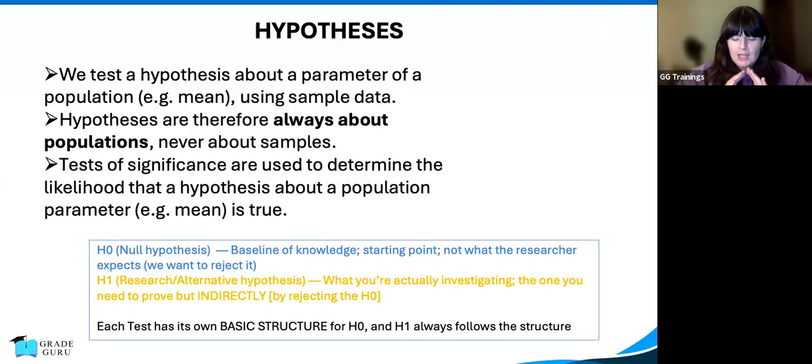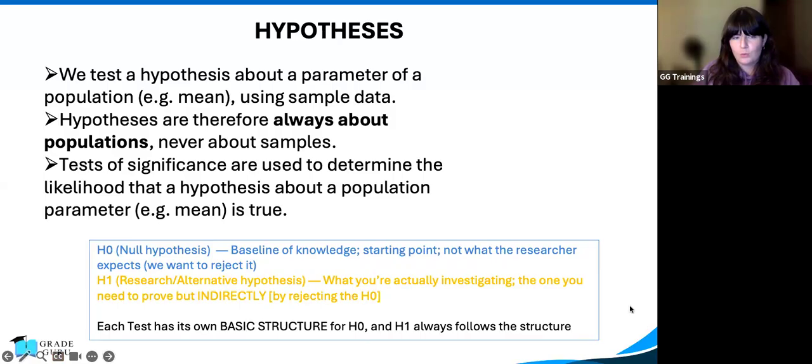Your H0 has the basic structure, and your H1 always follows the same structure. So if your H0 is that the population average equals 7, your H1 has to follow that. So the population average is not equal to 7, something like that.